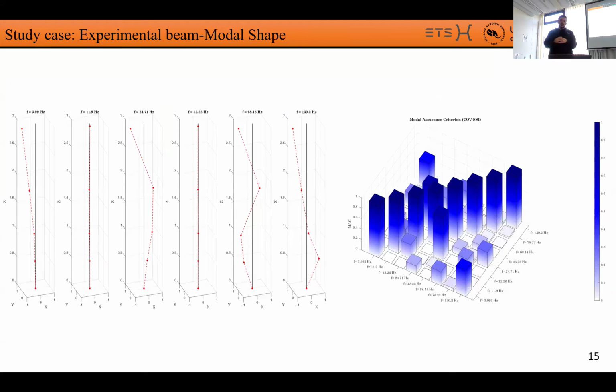Again, if you look at the MAC, in this case it is not very useful because the value of the MAC is very low in general, since all the frequencies are distant. But if we simply look at the mode shapes, we can see that the frequencies at 11.9 and 43.22 are basically non-real modes, because obviously the mode shapes are not real.